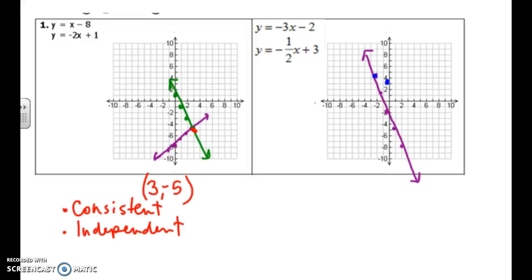Oh, and we just landed on our point. So down and right. So I don't need to do a whole bunch there. And I can see that it should have landed at -2, +4, if I'm not mistaken. So again, that makes it consistent and independent.